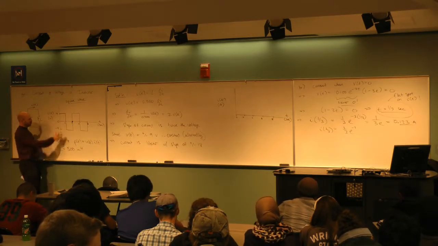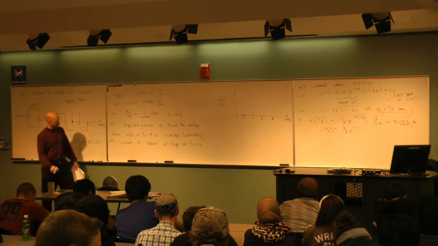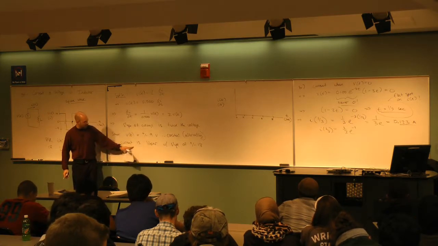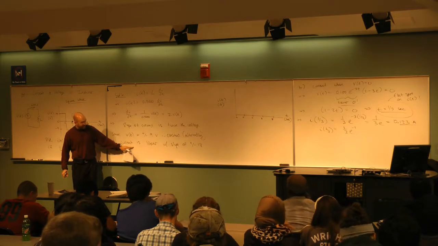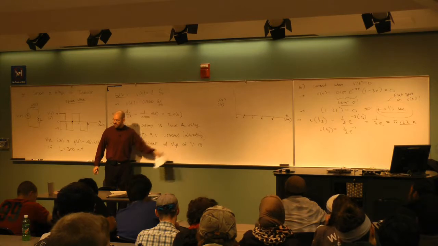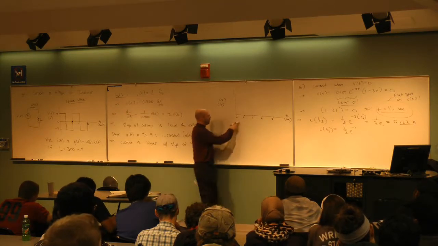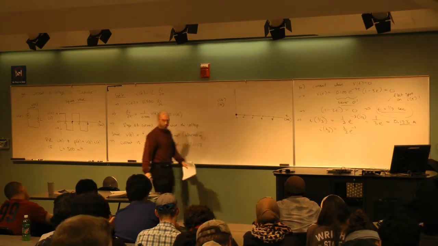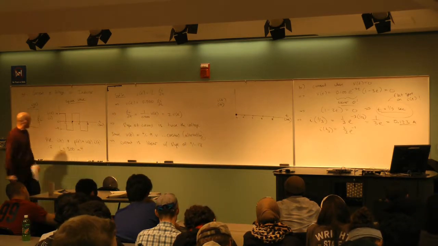So for the first interval between 0 and 2, V is 9, constant. The current I of t is linear. Slope is positive 18. So you should be explicitly told this, but we're assuming we're starting with nothing here at t equals 0.